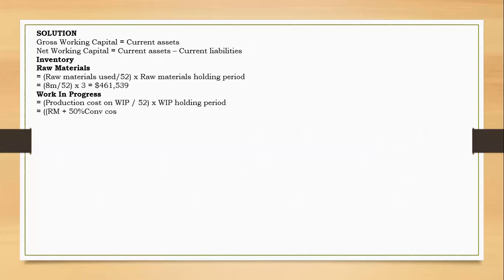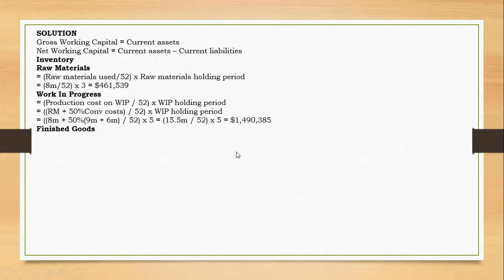So I would say raw materials plus 50% of conversion cost over 52 times the work in progress holding period. So 8 million raw materials, because it was added in full at the beginning of the process, plus 50% of direct labor as well as production overheads. After multiplying by the 5 weeks holding period, that would give me 1,190,385. And then I would go to finished goods.